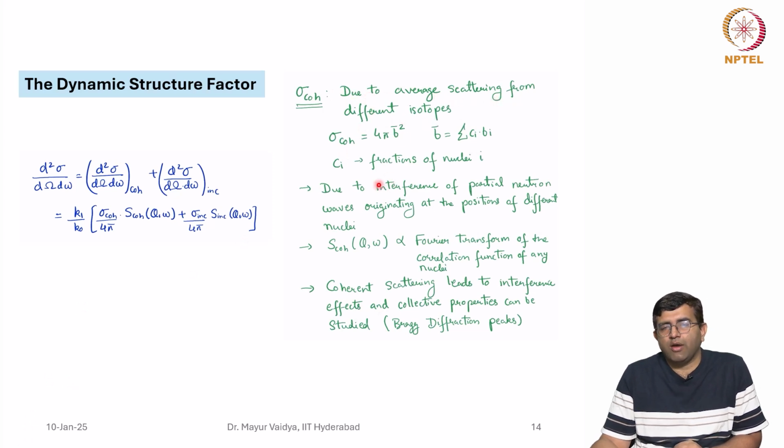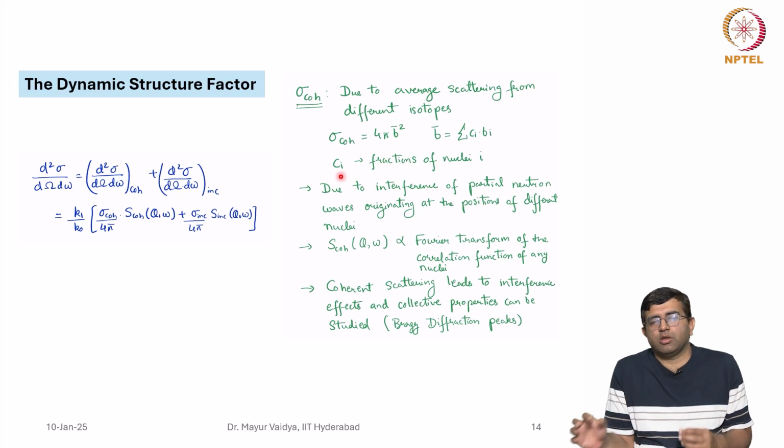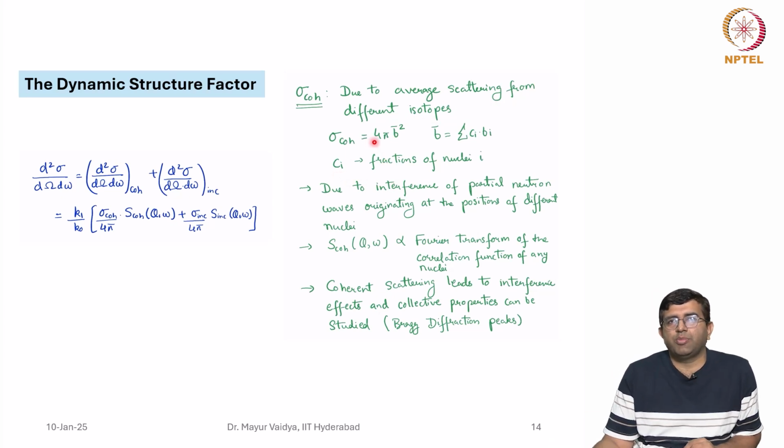If you have different isotopes in your sample, then the average scattering from the different isotopes leads to the coherent scattering, which is given by 4 pi b bar square. This b bar is nothing but the scattering by each nucleus. Ci is the fraction of different types of nuclei, so b bar is the summation of Ci into Bi.